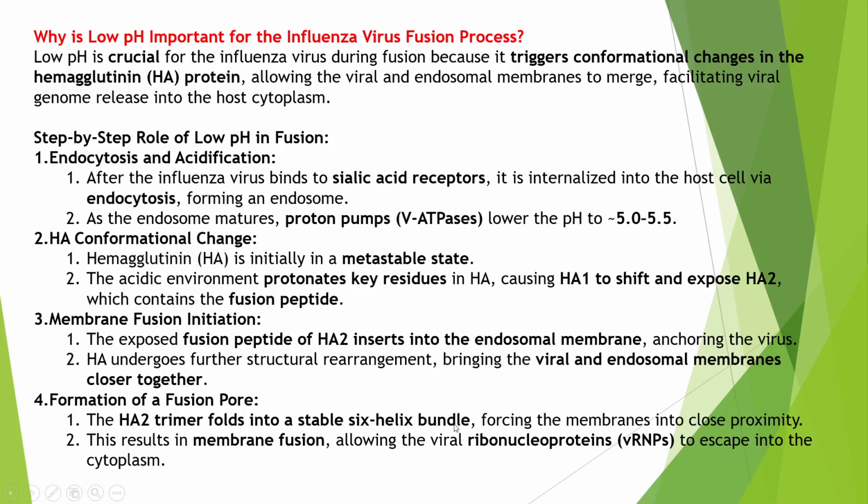Basically what happens is conformational changes. The trimer helps in changing the bundle shape or arrangement. This forces the membrane into close proximity, and further pulls the membrane and the virus together. Basically it is changing its structure in a way so that it can pull the membrane closer, hold it, and fuse it together.